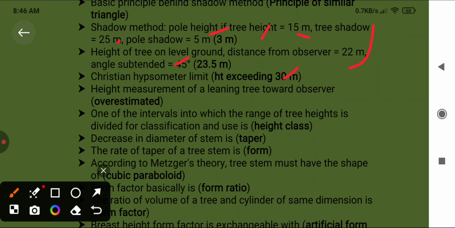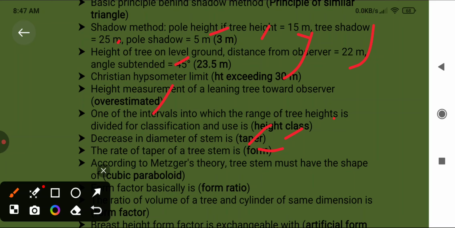Height exceeding 30 meters. Height measurement of a leaning tree towards the observer is overestimated. One of the intervals into which the range of tree height is divided for classification is called height classes. The decrease in diameter of the stem is taper, and the rate of taper of a tree stem is form.